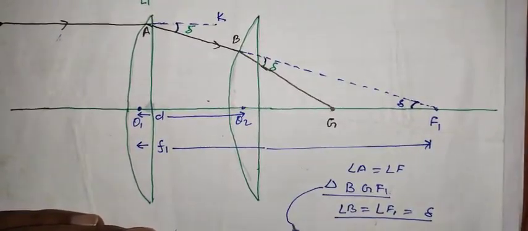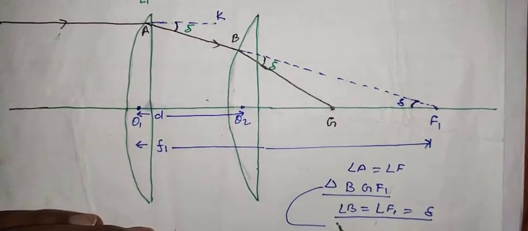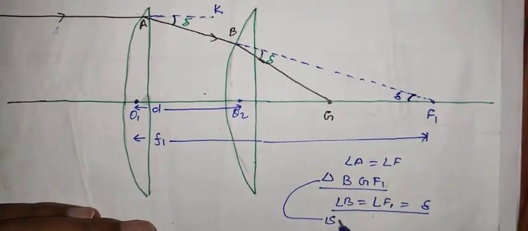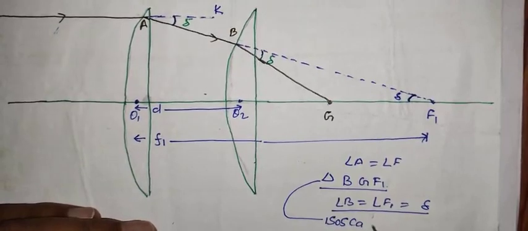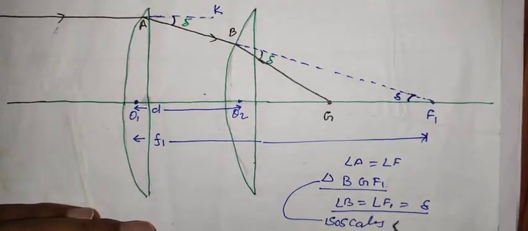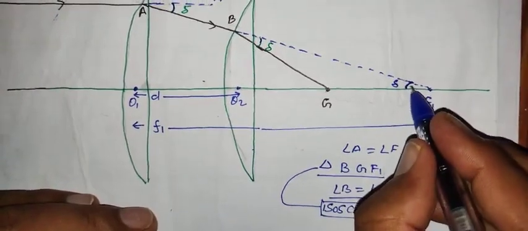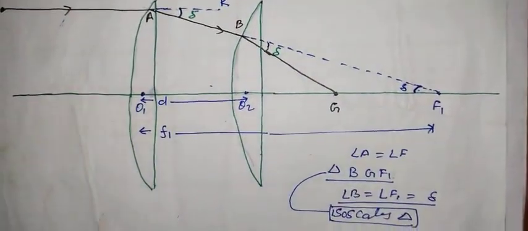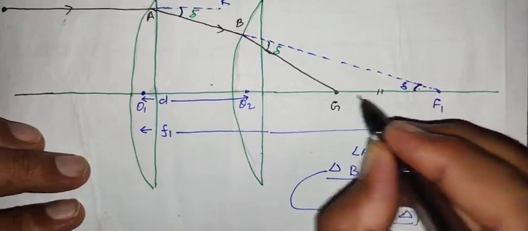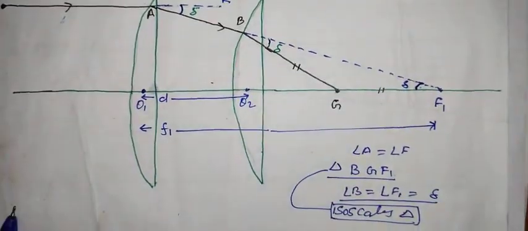So it means that this triangle is an isosceles triangle in which two sides are equal. If two angles are equal, their two sides are also equal.